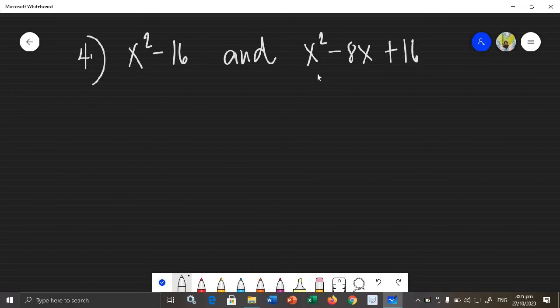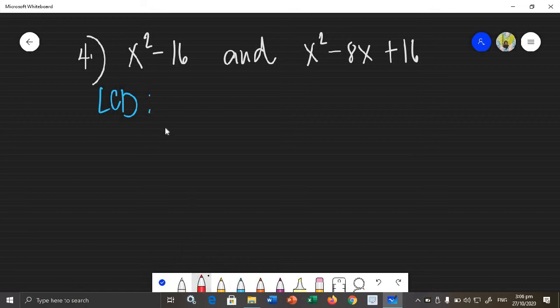Let's say the given rational algebraic expression, ito yung denominator niya. Yung dalawa. So we will find the LCD of these two given. The first one is a binomial and then the second one is a trinomial. So how are we able to find the LCD of these two expressions?